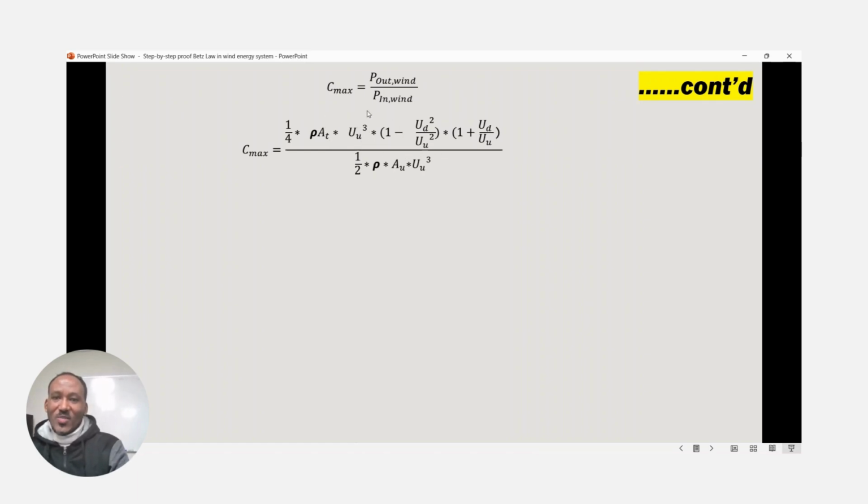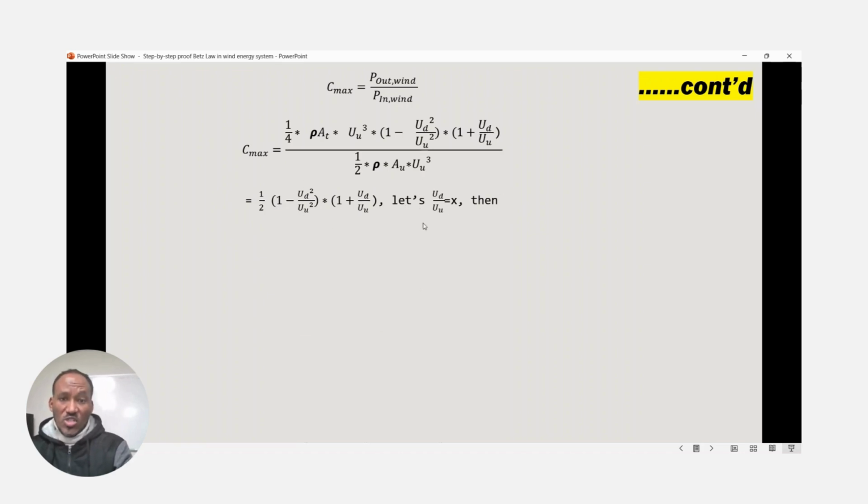So this is cancelled by this, and 1 over 4 is cancelled by 1, which means dividing by 1 over 2 it becomes 1 over 2. Here, the equation of efficiency can be rewritten as this.